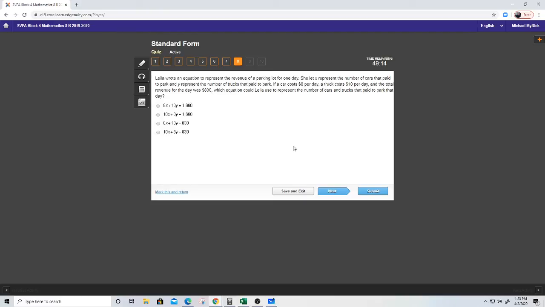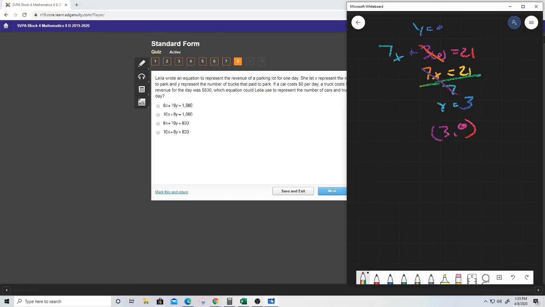Alright, Layla wrote an equation to represent the revenue of a parking lot for one day. She let X represent the number of cars that paid to park, and Y represent the number of trucks that paid. If a car costs 8... Alright, so these wordy things get me nervous, so I'm just going to write it as we go.